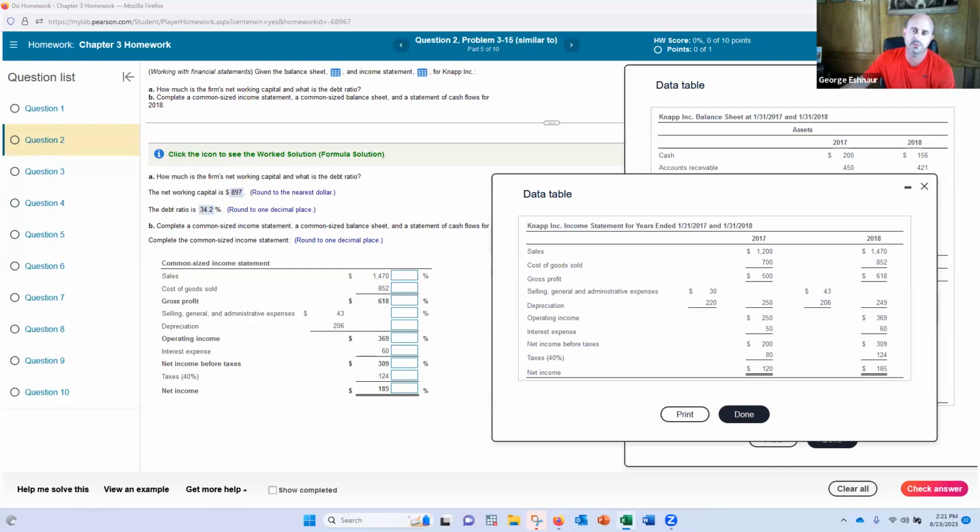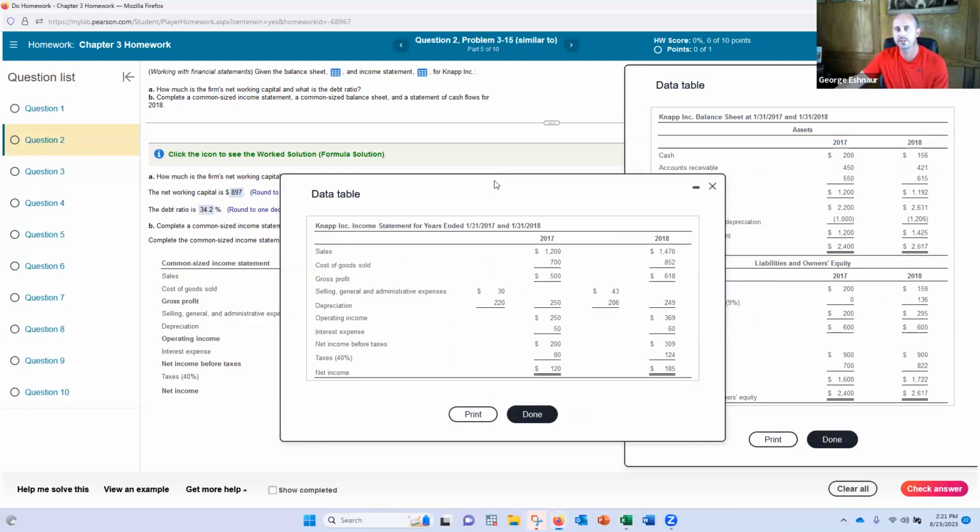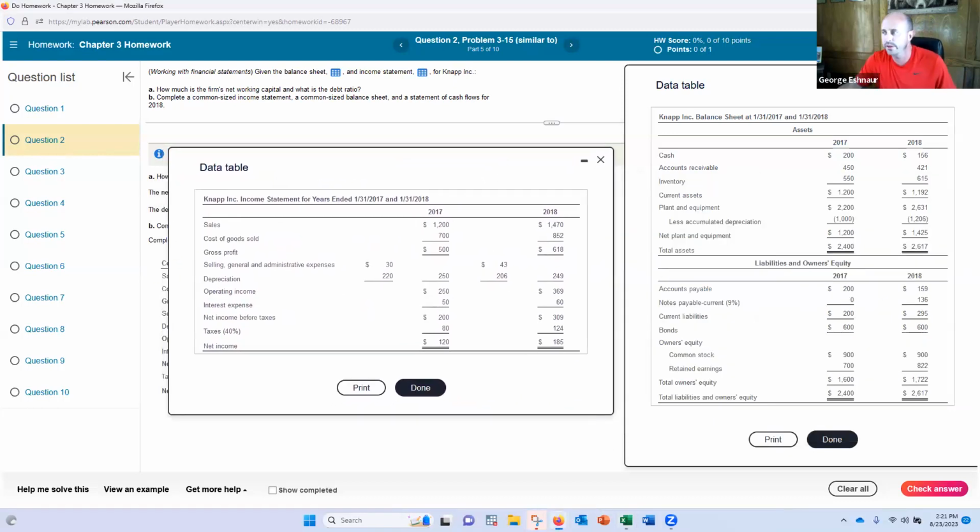If you do it the way I'm about to show you, you'll be able to just replicate this anytime a question like this pops up. So let me just pull over a couple of items here.